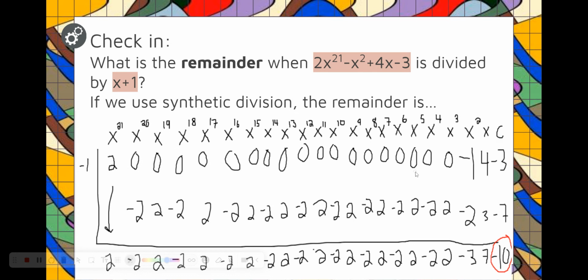However, synthetic division is not always fun, as I said. It can help you if your exponent is simple, less than 10. Now, imagine spending your entire 30 minutes just to write down all these terms, and then just find out that negative 10 would be the remainder.